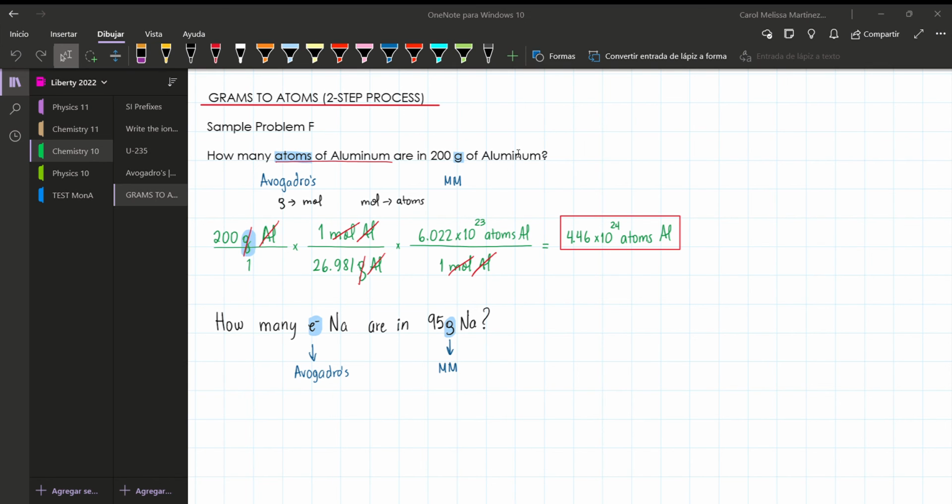Because we're talking about sodium, it's going to be the molar mass of sodium. So we start with the given. As I told you, the given is the number, the unit, and the substance. So we say 95 grams of sodium and we place it over 1.